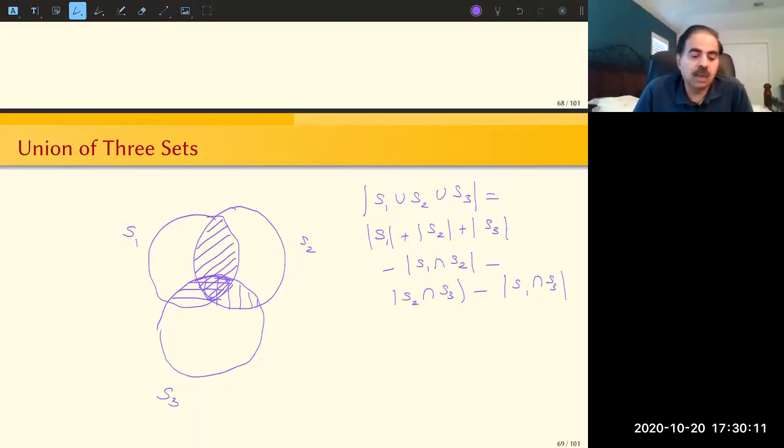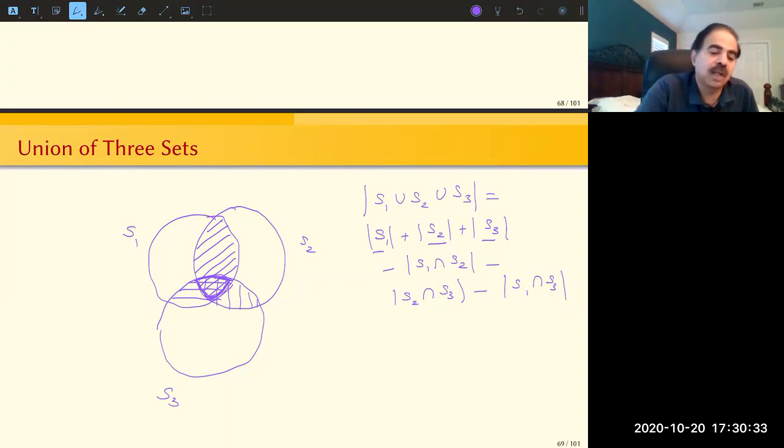Okay, so what have we done? If you look at what is inside here, the middle was triple counted. It was counted in S1, in S2, and in S3.